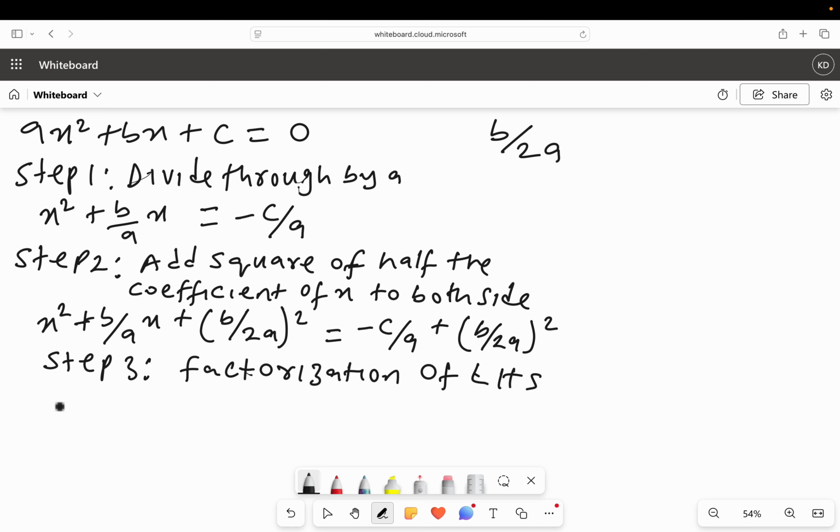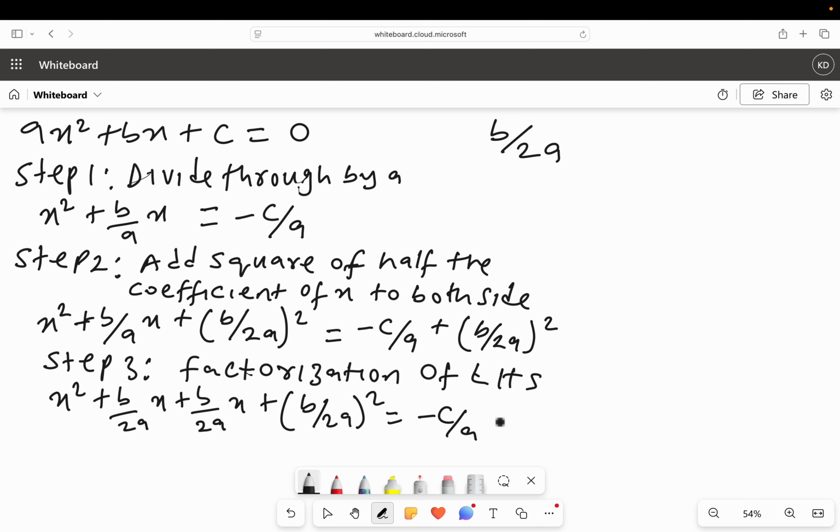So I will just have x squared plus b over 2a x plus b over 2a x plus b over 2a squared, and I will have my right hand side intact.